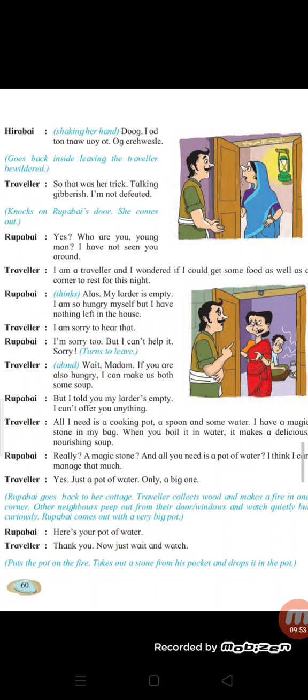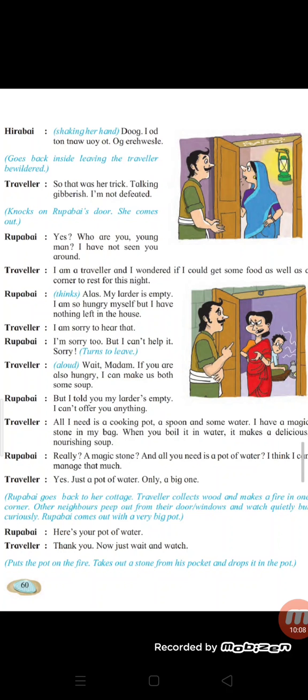So what does the traveler tell her? See, all I need is a cooking pot. I don't want anything else. I just want a cooking pot, a spoon, and some water. I have a magic stone in my bag.